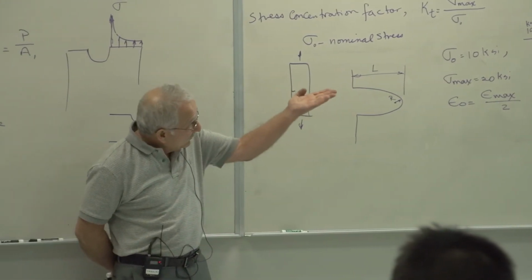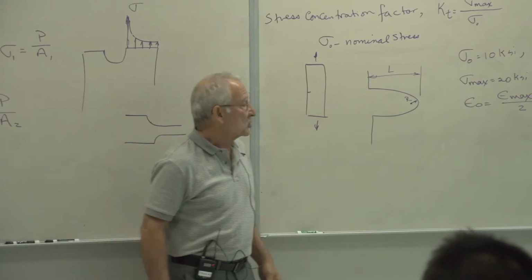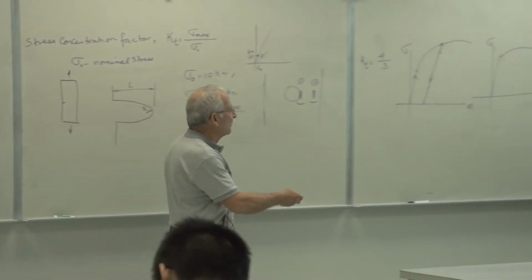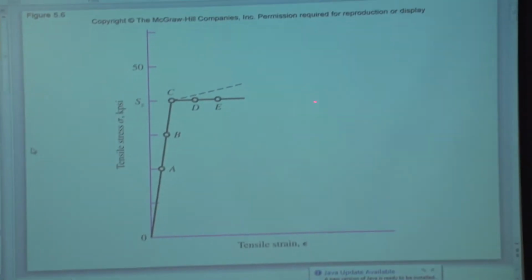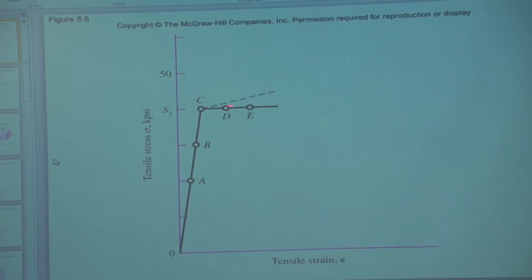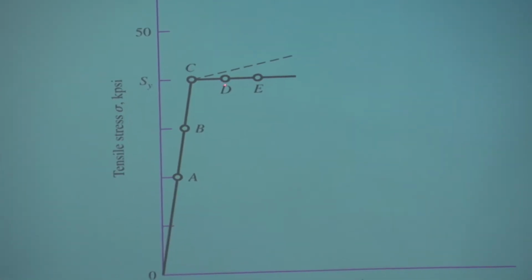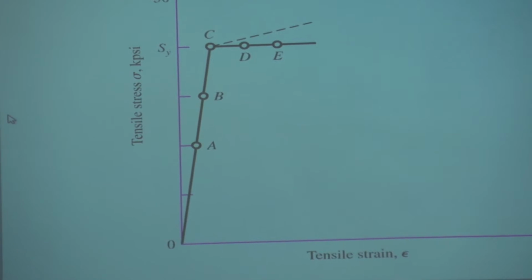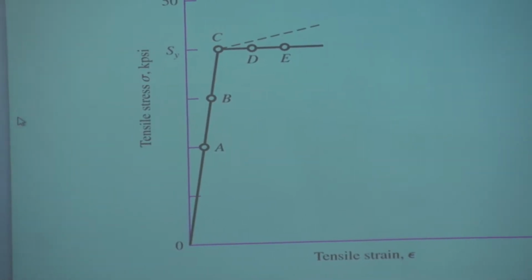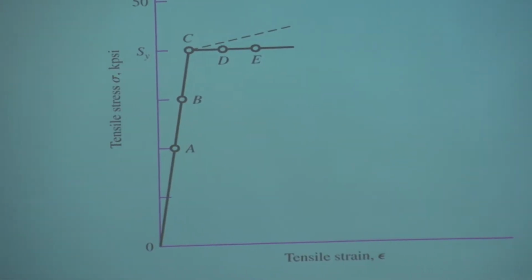In fact, if you look at that diagram, which is called an elastoplastic diagram, the material is completely elastic to a point, then completely plastic. Look at this here. That's an increase in length with no increase in stress. The strain keeps increasing, but the stress is constant. It doesn't increase.